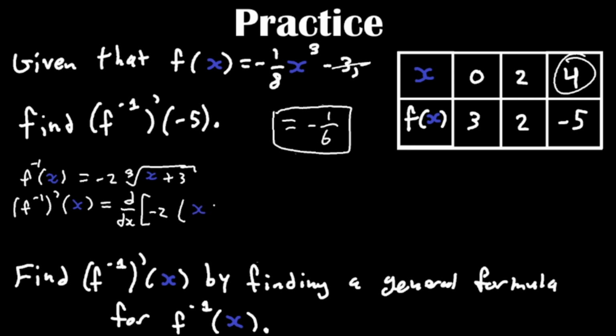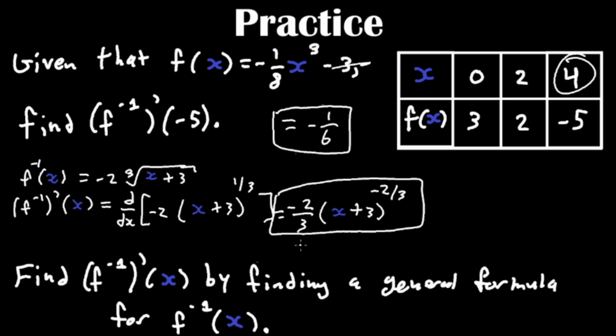X plus 3 to the 1/3. We can pull this 1/3 down using the power rule, and this constant just gets pulled out. So this would be negative 2/3 x plus 3 to the negative 2/3 by our power rule. And then the derivative of the inside with respect to x is just 1, so we can just ignore that. So this is our formula for the derivative of f inverse of x.